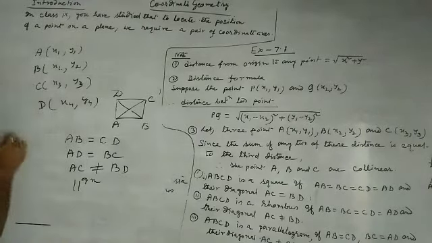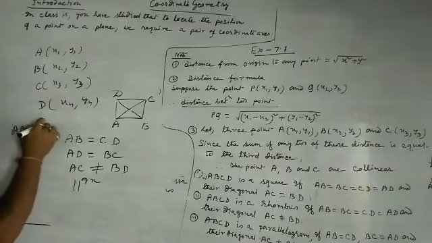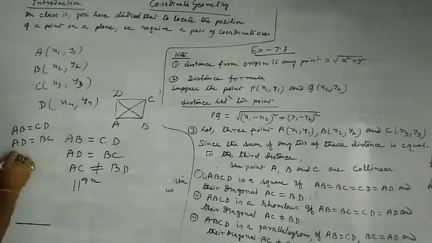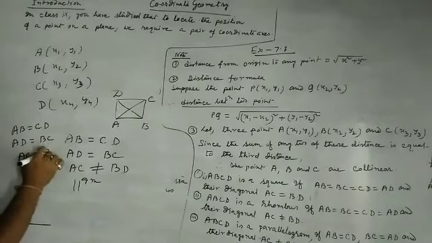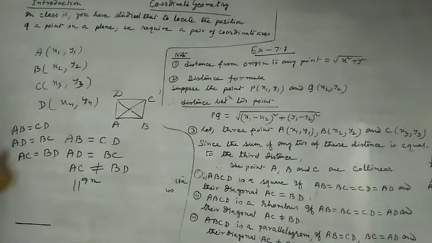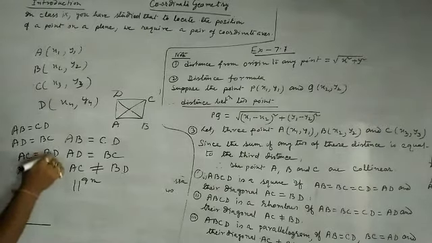Again, if AB equals CD, AD equals BC, and diagonal AC equals diagonal BD, then this quadrilateral becomes a rectangle.